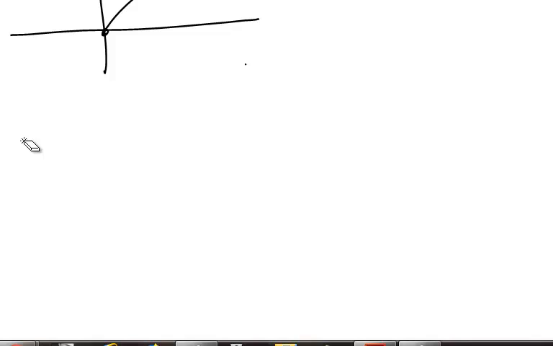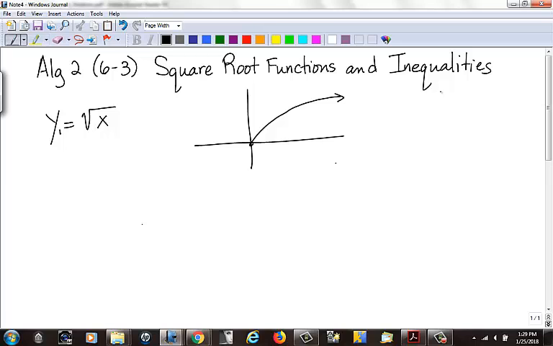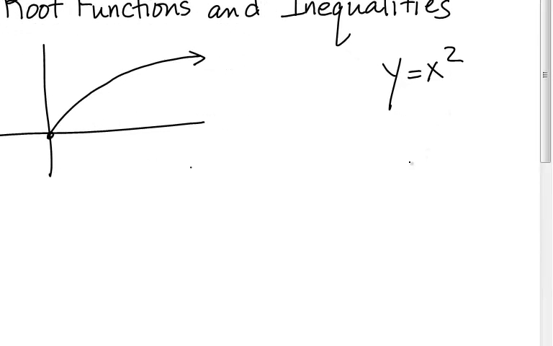This is the inverse. If you remember, first semester we graphed the quadratics, like y equals x squared. Y equals x squared looked like this. It graphed a parabola, right? Now, instead of an x squared, we're graphing a square root. They are inverses of each other.